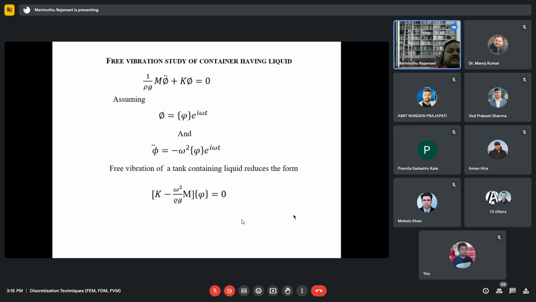So, like what we do for the structural equation when we want to study dynamic characterization, we equate it to 0 and solve it. The same approach is considered here. You substitute phi as e to the power i omega t, and you will end up with this kind of equation. This will give the mode shape of the liquid and the frequency. This is the free vibration of the tank containing liquid, reduced to this form.